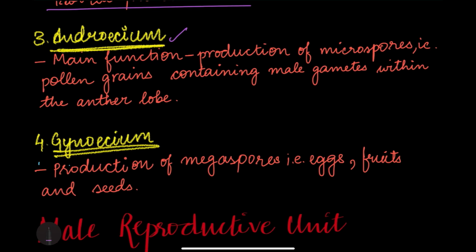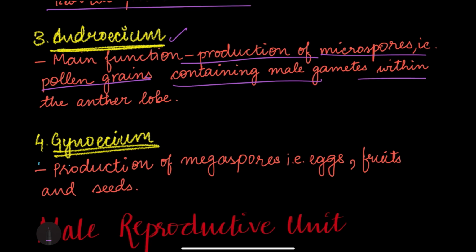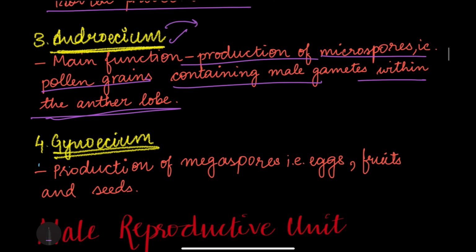We have androecium. The main function of androecium is production of microspores, that is pollen grains containing male gametes, within the anther lobe. It is the male reproductive organ.